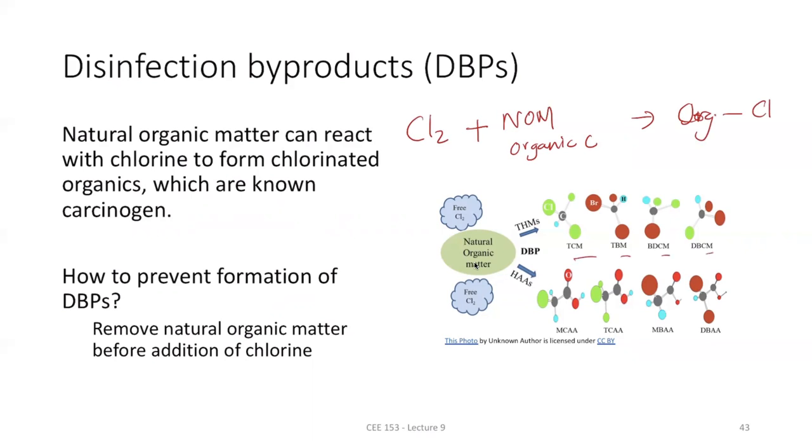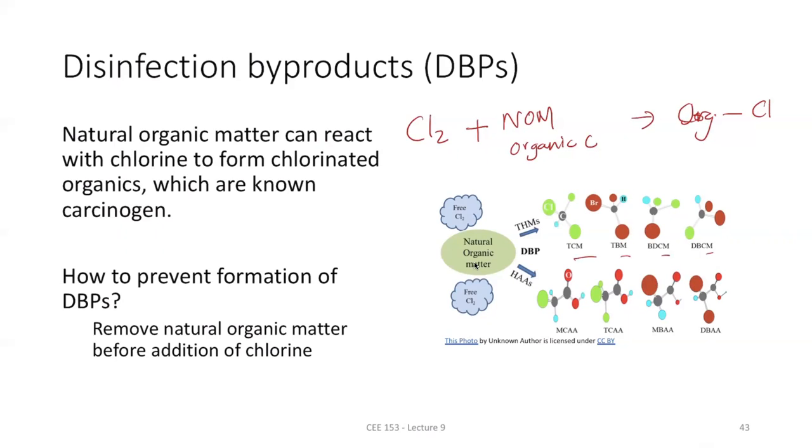These are actually carcinogens. They are extremely stable and highly contaminating. You want to kill pathogens, but not at the cost of creating carcinogens. So it's very important to understand how to minimize the production of disinfection byproducts.